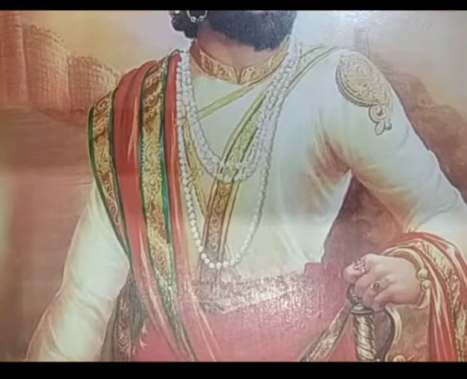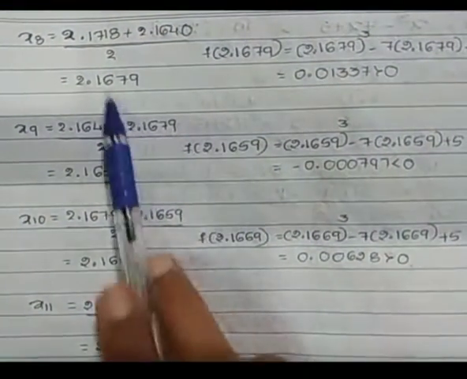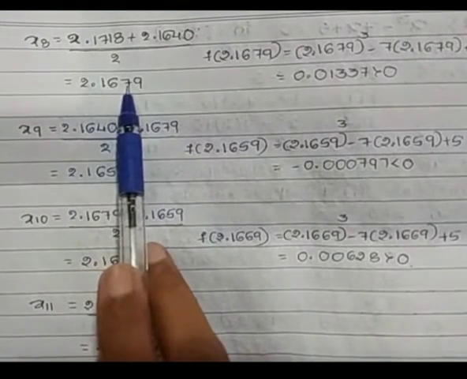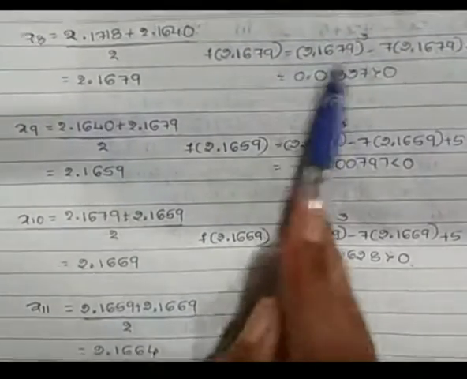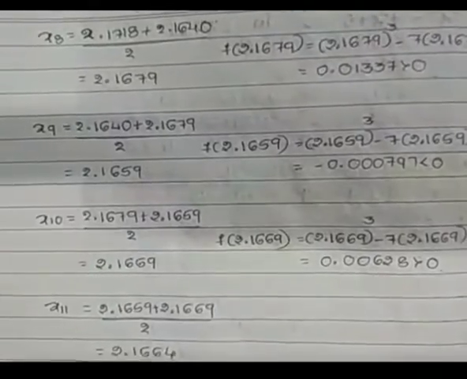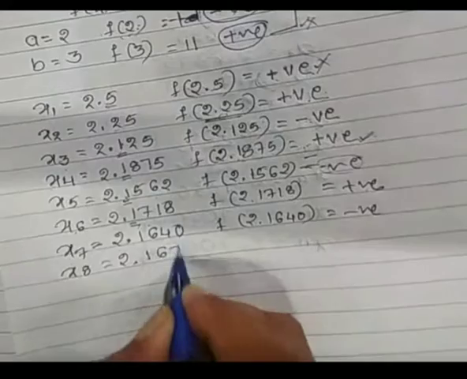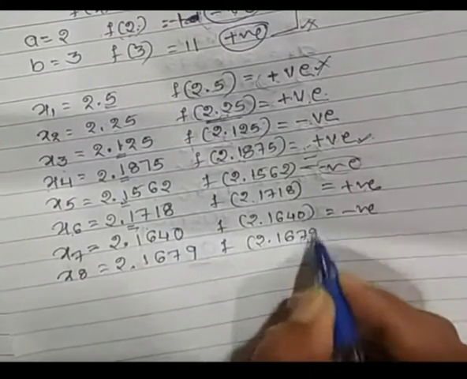The example continues here. You can observe in the eighth approximation we are getting 2.1679. Substitute this in the function, we get a positive value. So here the eighth approximation is 2.1679, and for this we are getting a positive value.